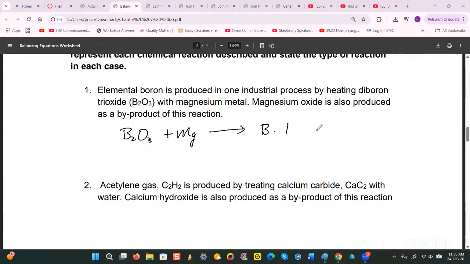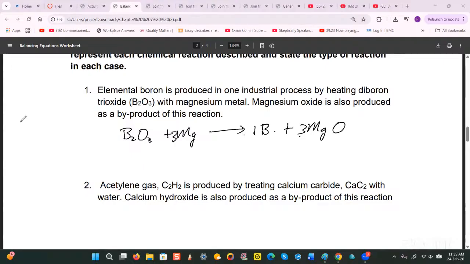And what's the other product based on the information provided? MgO. Okay. So now we have to balance it. So how would we go about balancing this equation? 1, 3, 1, 3. B2, no, something is wrong here.